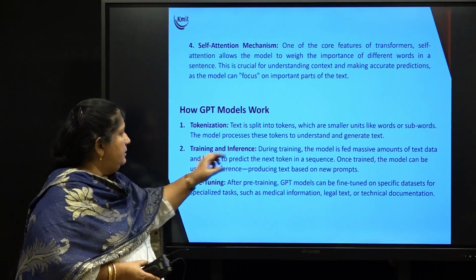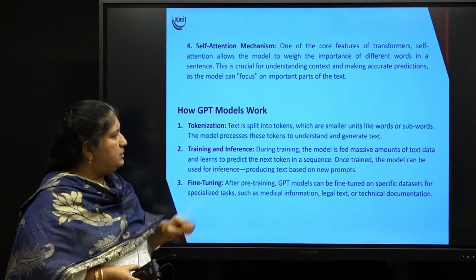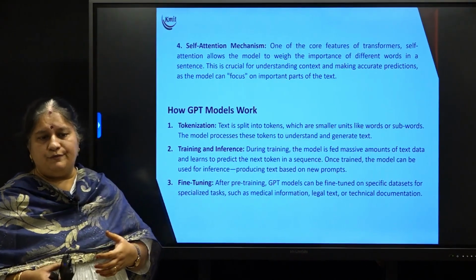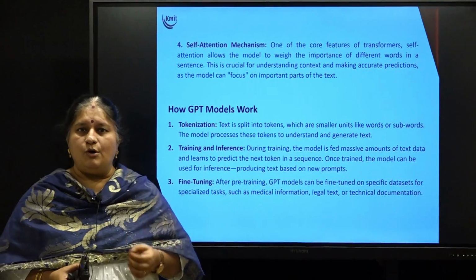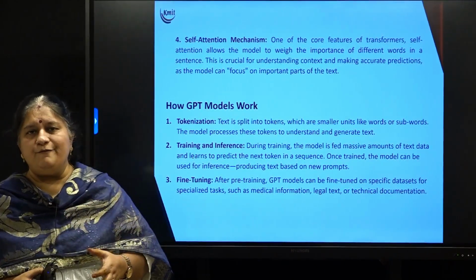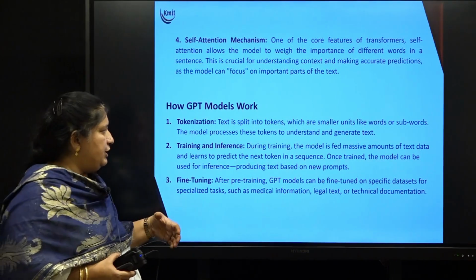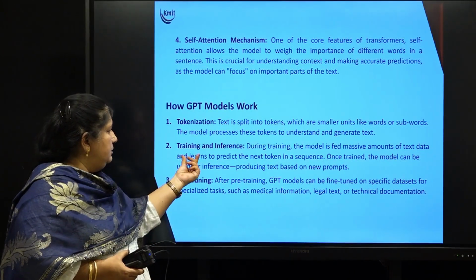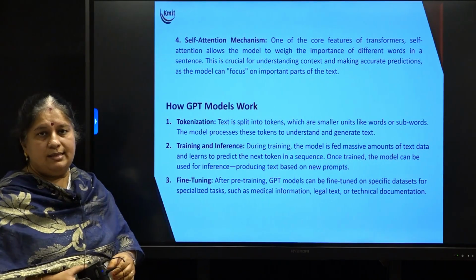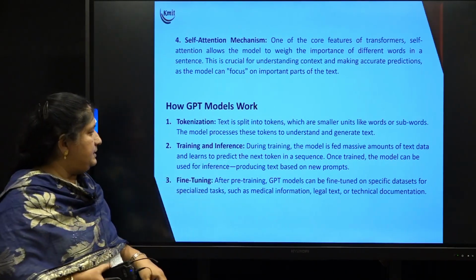Training and inference. During the training phase, the model is fed with huge amounts of data. Huge is again a smaller word here. Vast amounts, volumes of data will be fed to the model during the training phase, and the model learns to predict what is the next token in the sentence. I will show you some examples here.